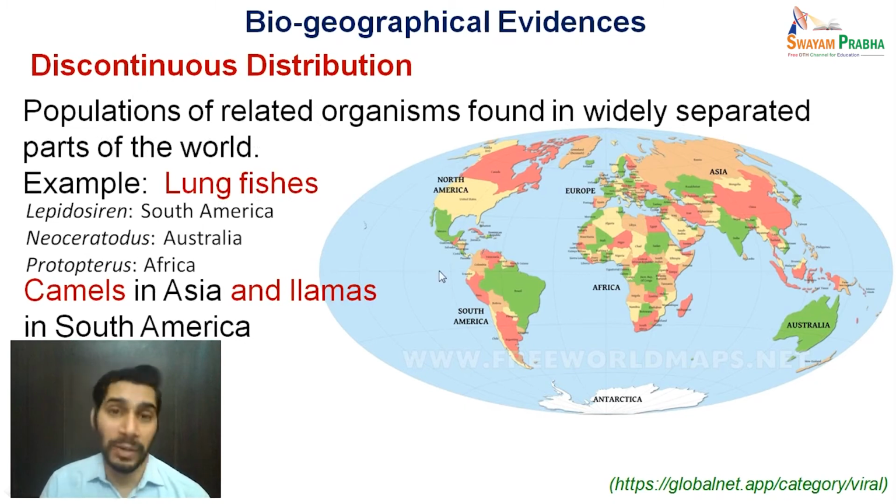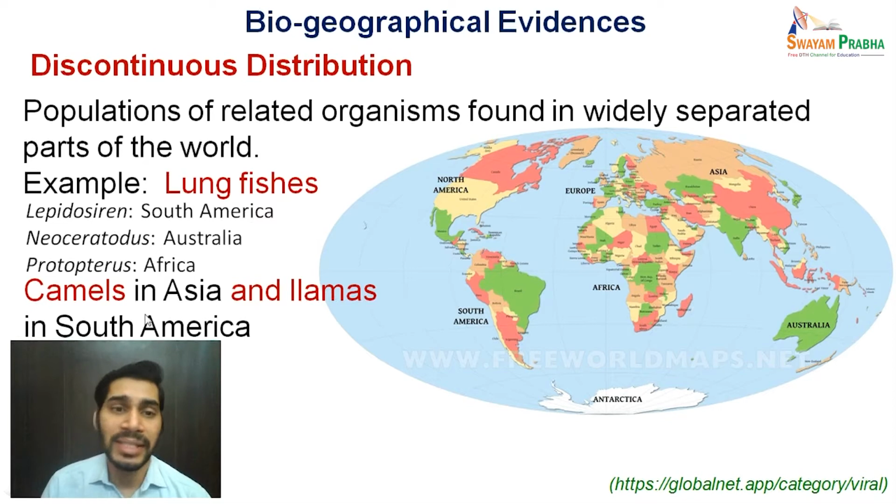The probable answer is that these 3 parts were probably initially part of the same mainland, and because of their disconnection, because of these oceans, these three forms got separated and then started evolving in different areas, like South America for Lepidosiren, Neoceratodus in Australia, and Protopterus in Africa.